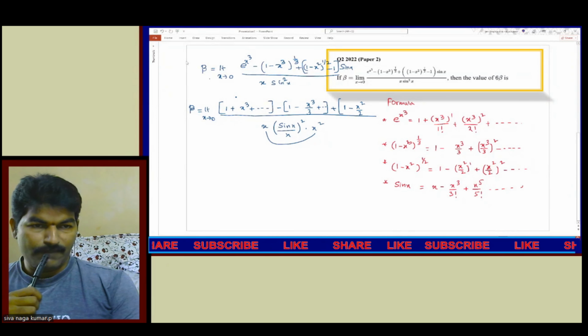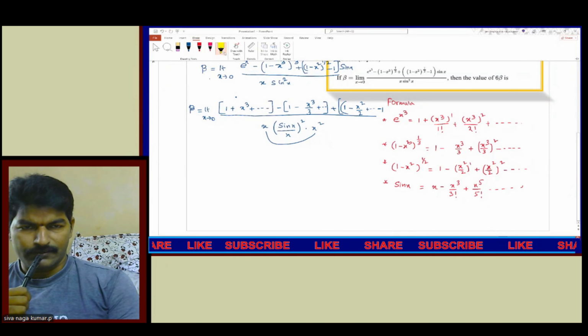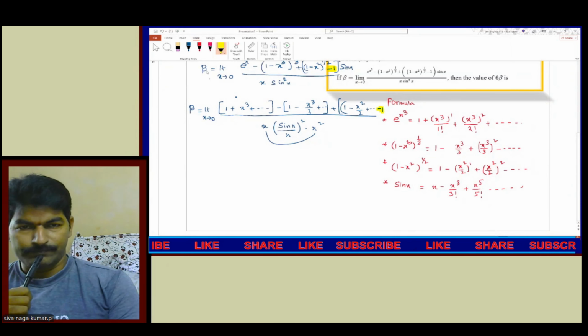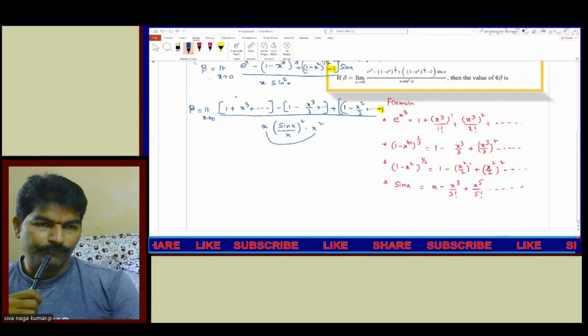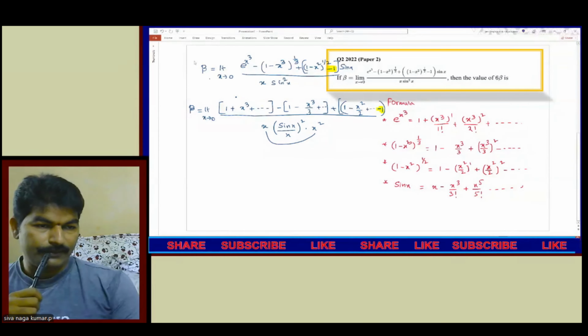And that's it. And it is multiplied by, and minus 1 is there. Remember, and so on, after that minus 1 is there. Take a separate bracket and sin x.